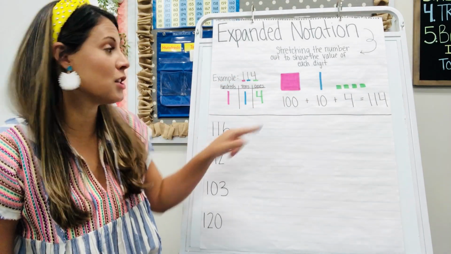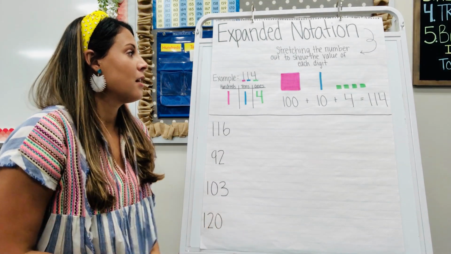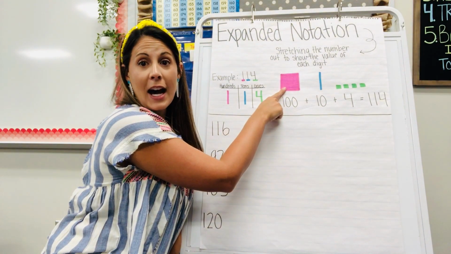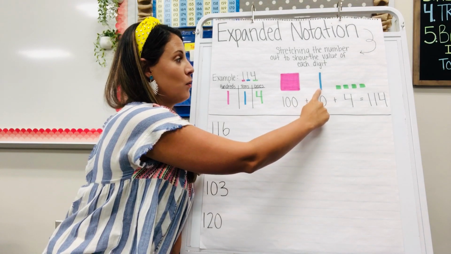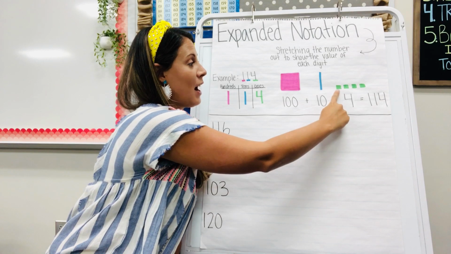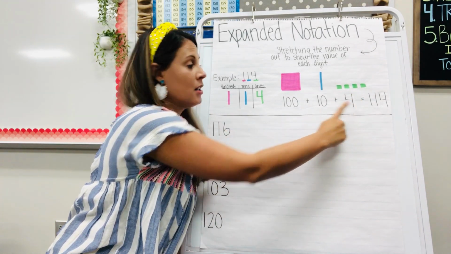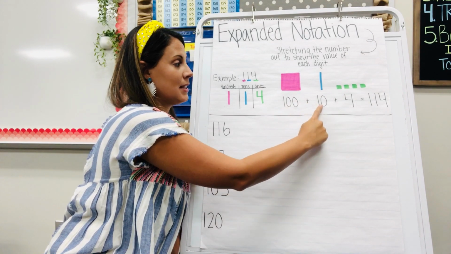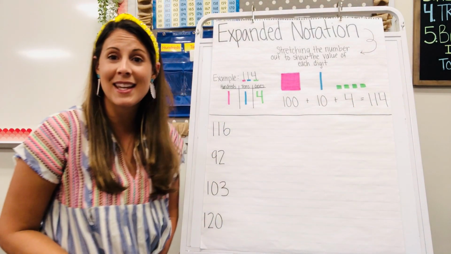My expanded notation is when I write the values and I add them together. The value of 1 flat is 100. The value of 1 rod is 10. And the value of 4 units is 4. So 100 plus 10 plus 4 equals 114.